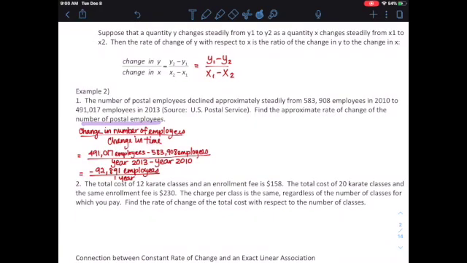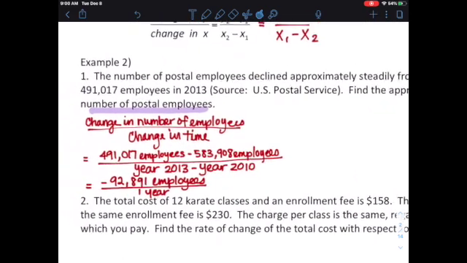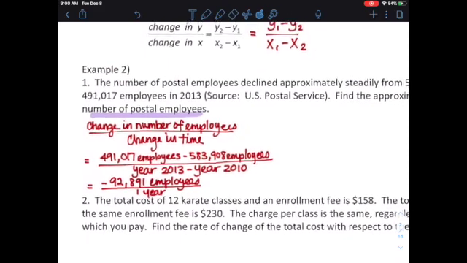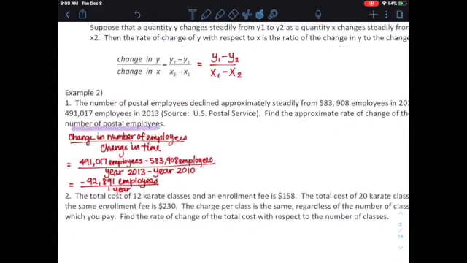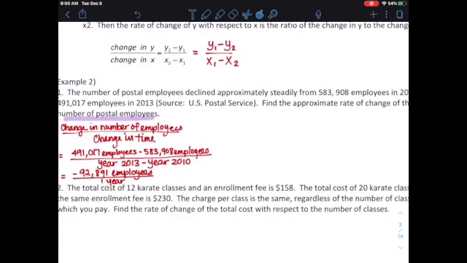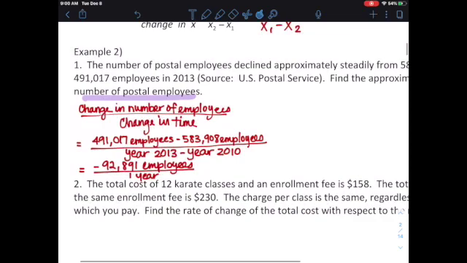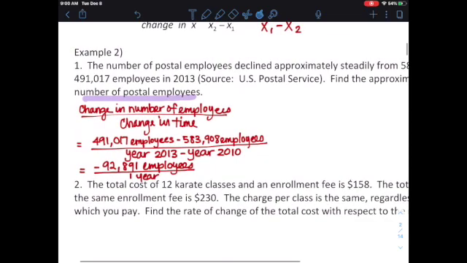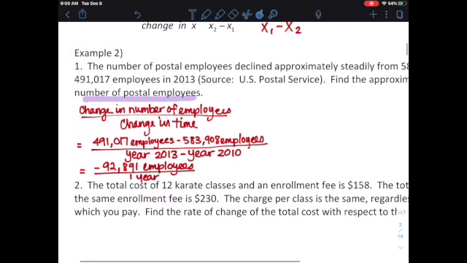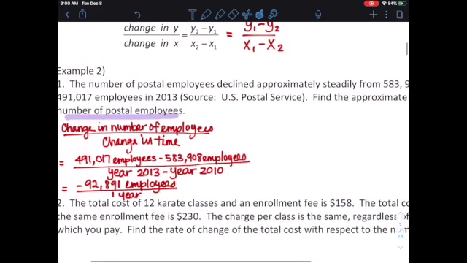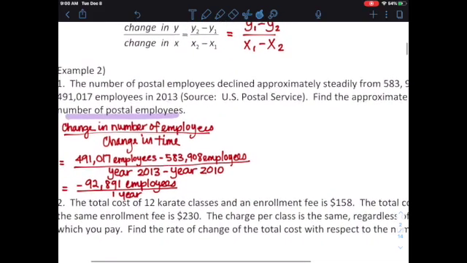For example number 1, this is what they expect you to understand: change in number of employees over change in time. That is going to be the rate of change. That's equal to 491,017 employees minus 583,908 employees.